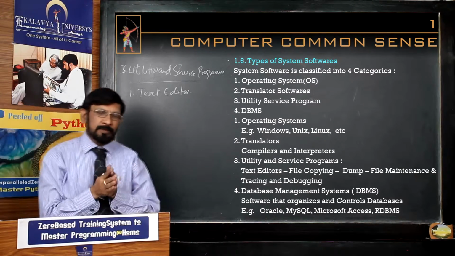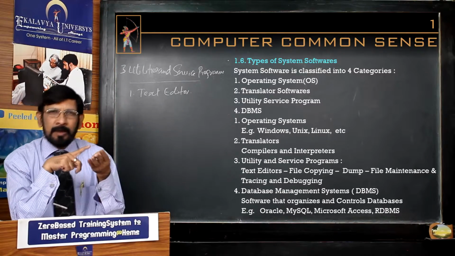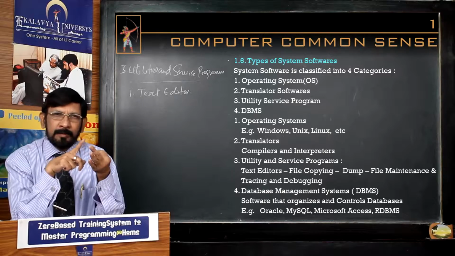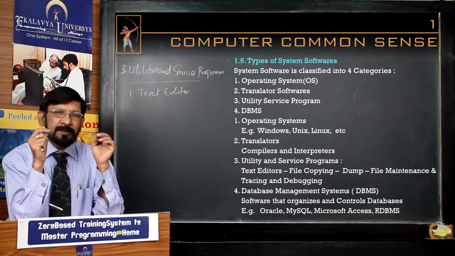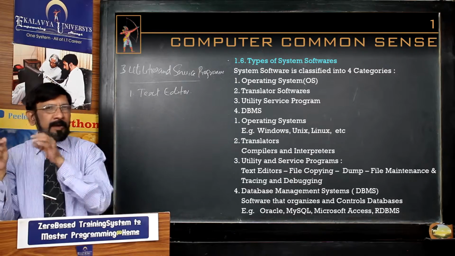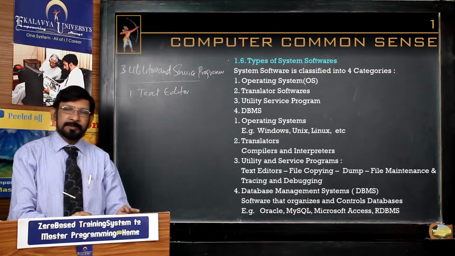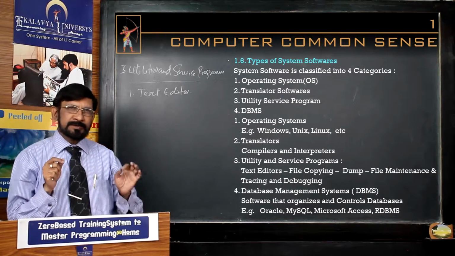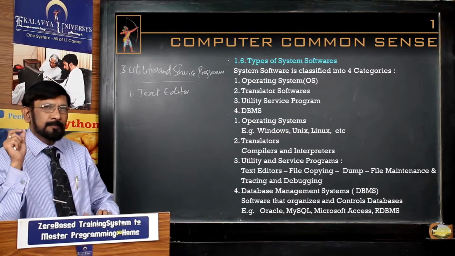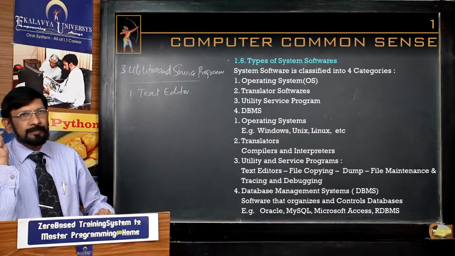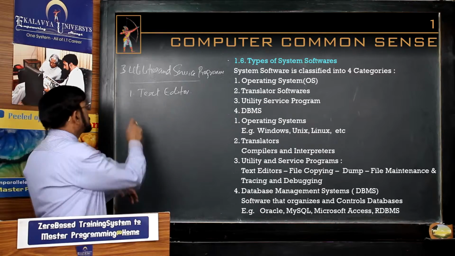If you work on any editor, you know those options: copy, cut, paste, delete. Several options are there for editing text or programs. That is called a text editor. It is very essential to type our program and format it on a computer. So this is one type of utility or service program.